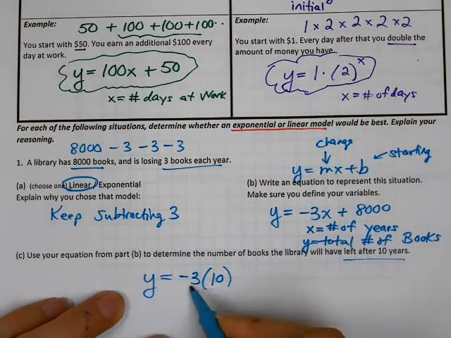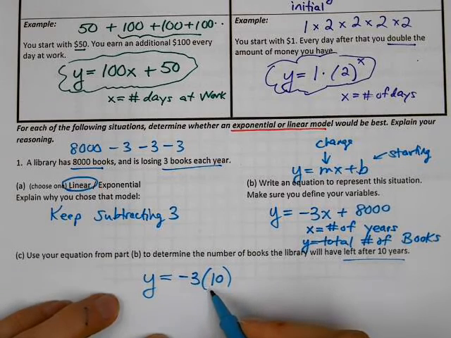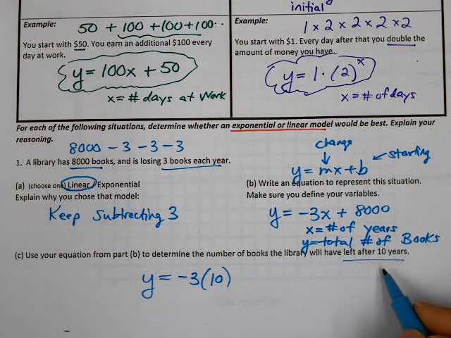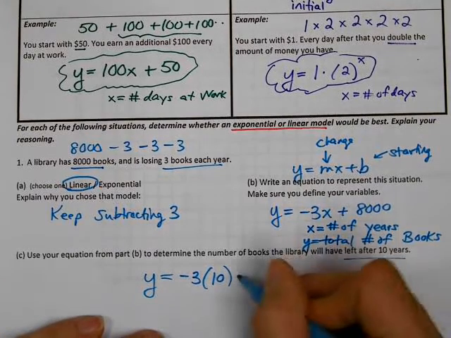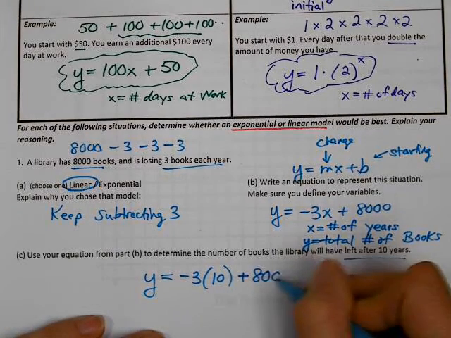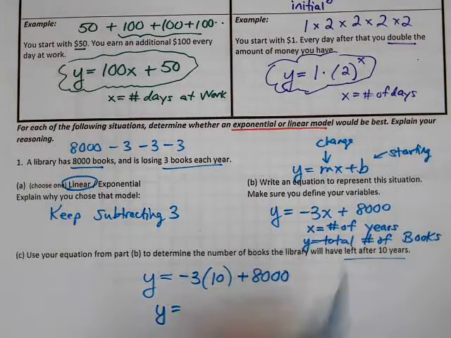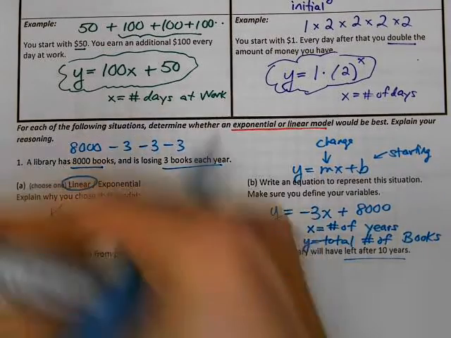Are they going to lose 3 books 10 times? Yeah, because they lose 3 books every year. So if I do that for 10 years, and the initial amount was 8,000, we can go ahead and use our calculator if you need for this.